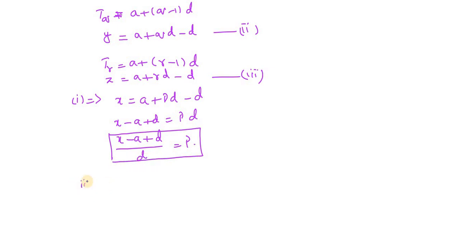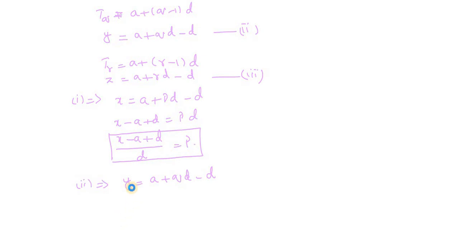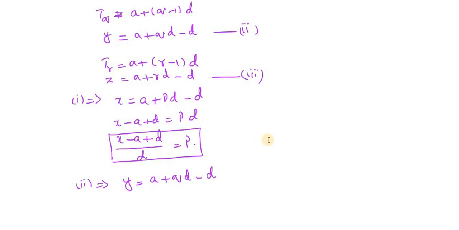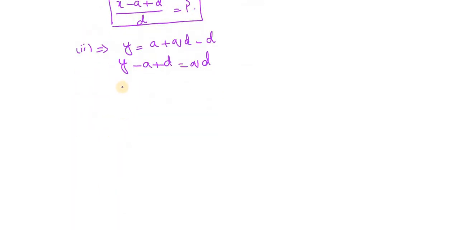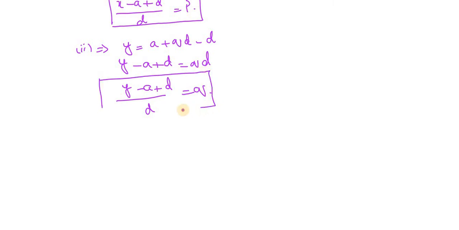And similarly, equation 2 implies y is equal to a plus q into d minus d. So y minus a plus d is equal to qd. From here we find the value of q: (y minus a plus d) upon d is the value of q.